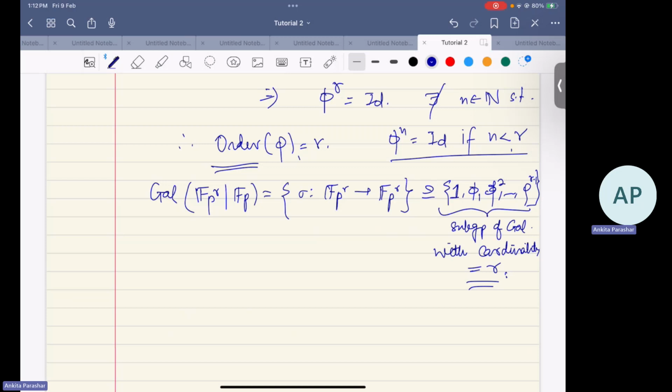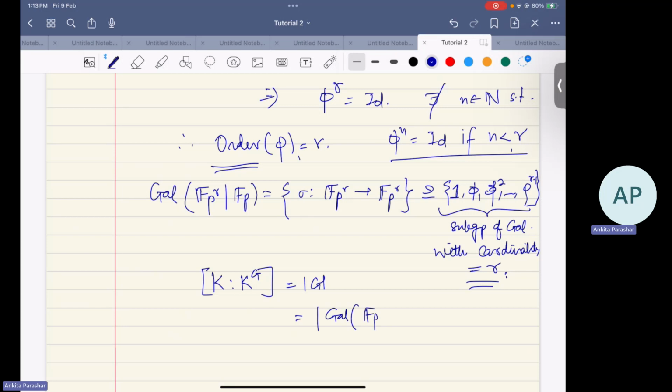Correct. But you know that there is one more thing. The Galois group of K over K^G is the same as G, right?